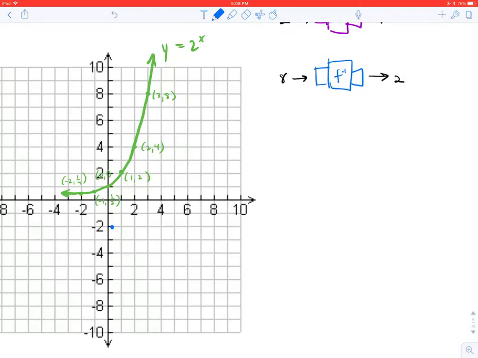If (-1, 1/2) lies on the graph of 2 to the x, on its inverse will be (1/2, -1). (0, 1) will now, on the inverse, be (1, 0). And (1, 2), (2, 4), (3, 8) become (2, 1), (4, 2), (8, 3).